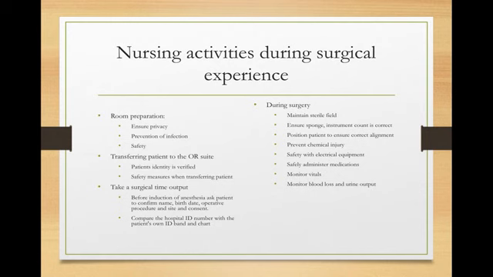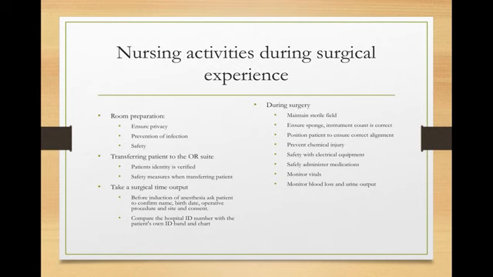During surgery, sterile field is maintained at all times. After surgery, they count sponges and instruments to make sure nothing's been left in the patient, as well as positioning to ensure correct alignment. Sometimes during surgery, patients get put in positions that are not quite comfortable looking.